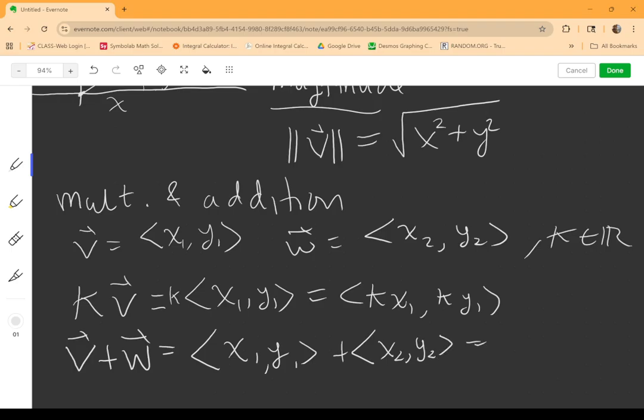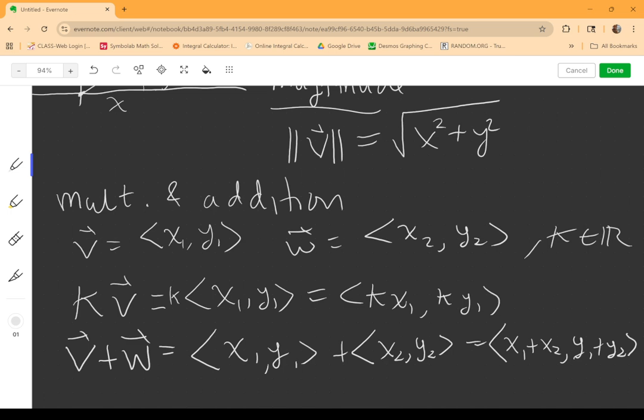And this we can just write as the sum of its components: x1 plus x2, and then y1 plus y2. So now we can redefine our scalar multiplication and addition with our components.